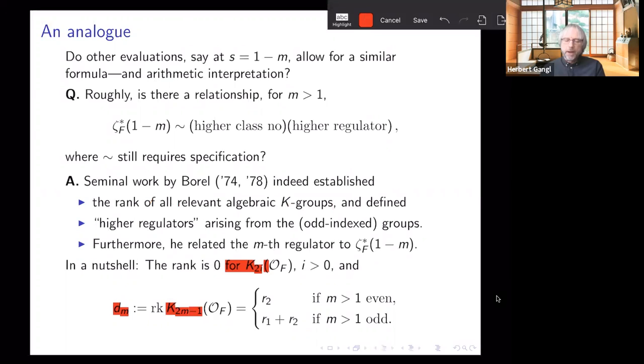It's either R_2 if m is even, or R_1 plus R_2 if m is odd, where R_2 is the number of pairs of complex conjugate embeddings, and R_1 is the number of real embeddings of that field F into the complex numbers. That is what was already known in '74, '78.